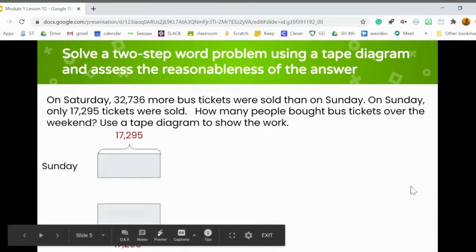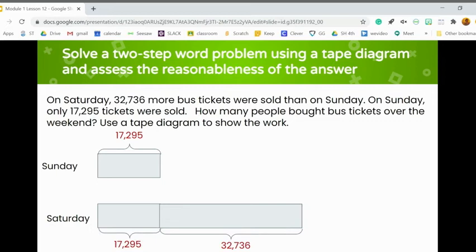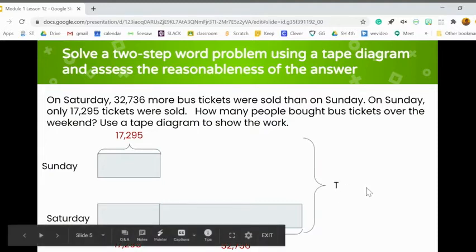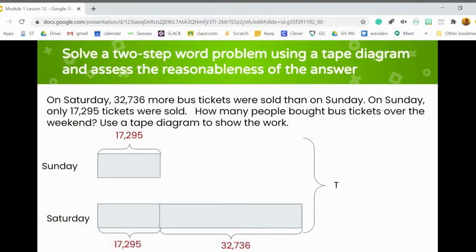Now on Saturday, we know that there were 32,736 more than that. So we're showing our second tape to show how much more. Now, we want to find out how many tickets were sold in total over the weekend.